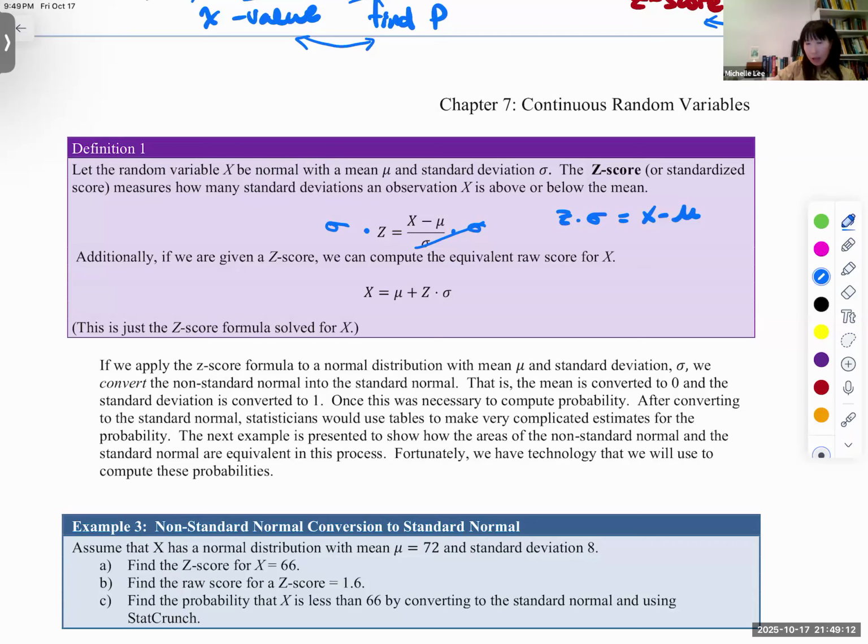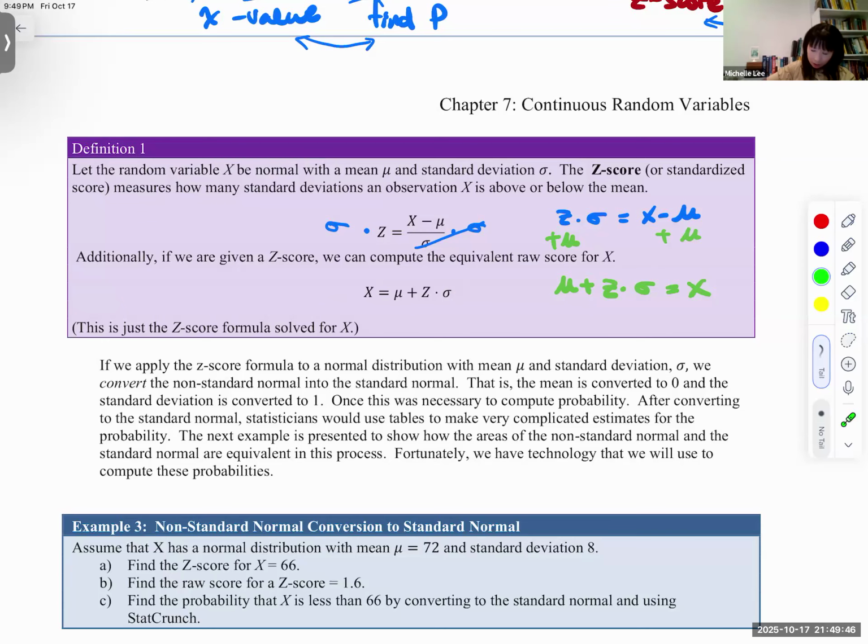And then we want to find x. We add mu to both sides. So there will be mu plus z times sigma equal to x. So they have the same answer right here, right? So x equals mu plus z times sigma, right? I'm going to show you how to do it by hand, but we are using StatCrunch, all right?